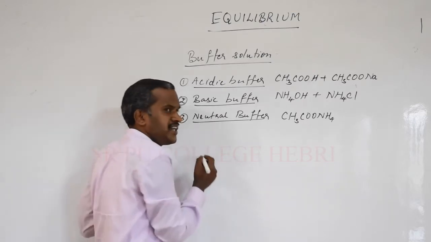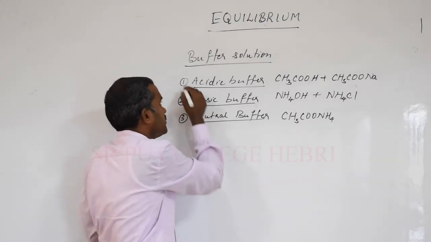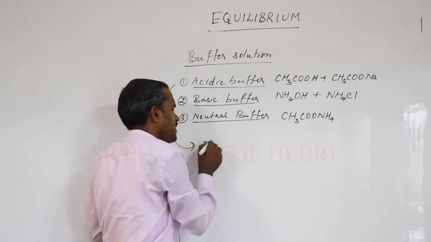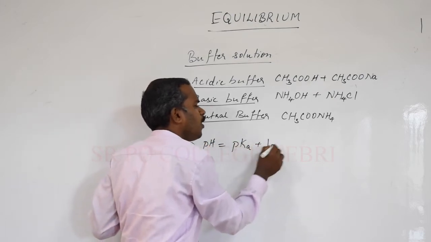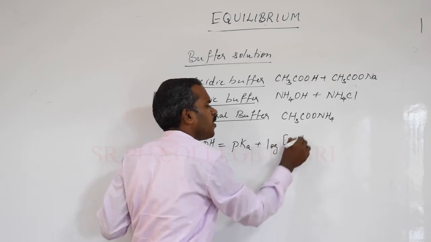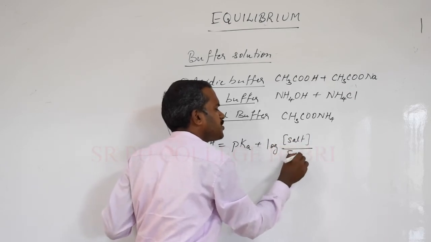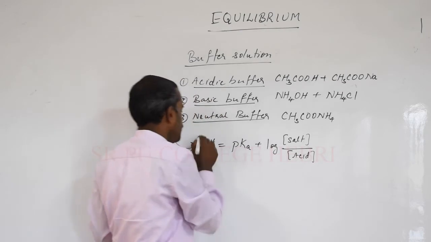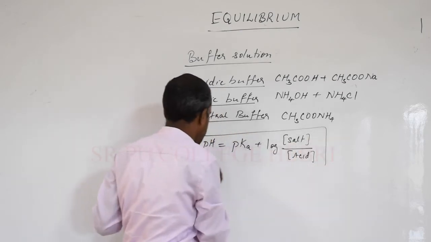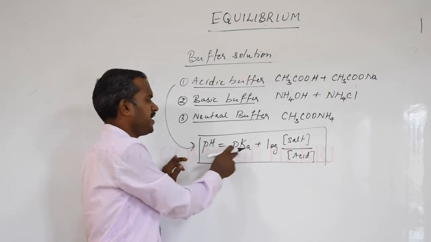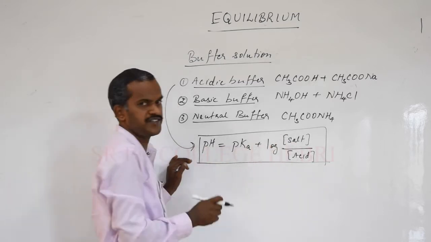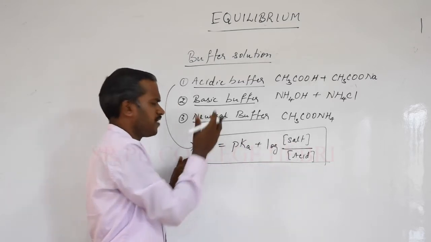For the acidic buffer we can write pH is equal to pKa plus log of concentration of salt divided by concentration of acid. This is called the Henderson-Hasselbalch equation for an acidic buffer. When all these values are given, you can find the pH.